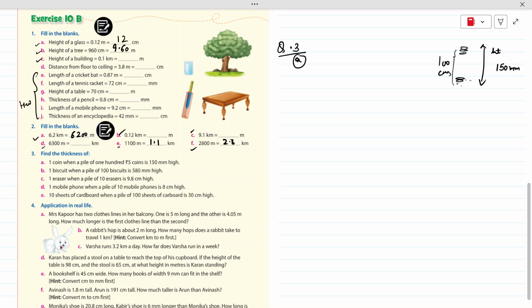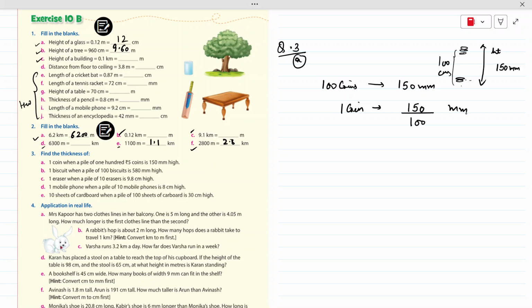So kids, we know that these coins are placed one above the other. So when they are placed one above the other, they form a stack, and the height of this stack is 150 meters, which is formed by 100 coins. So we can write that 100 coins make a length of 150 millimeters as given to us, and the height of one coin will be equivalent to 150, that is the total height divided by the number of coins, right?